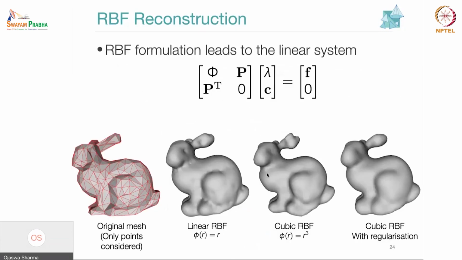So that's the system of linear equations that I get from the RBF formulation. I have the matrix that consists of phi and the polynomial p with unknowns lambdas and the coefficient c appearing in the vector, which is equal to the function value f, which in this case would be whatever distances you moved along the normal direction.